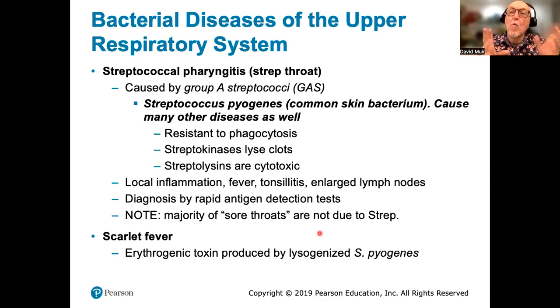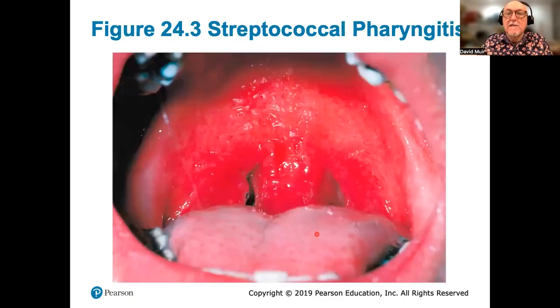And as the bacteria that are infected with the virus begin to lyse, they release this erythrogenic toxin into the bloodstream. It's not a matter of the bacteria setting up septicemia. Bacteria can be in one location, but they release toxins into the bloodstream, which have a systemic effect. So first of all, this is a typical sore throat.